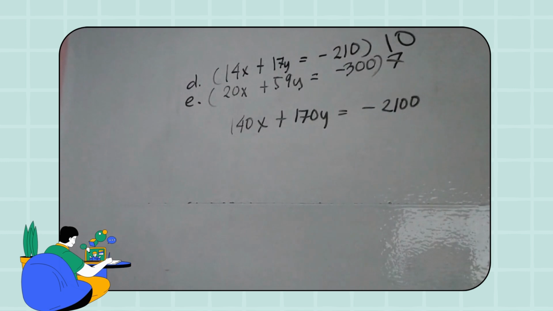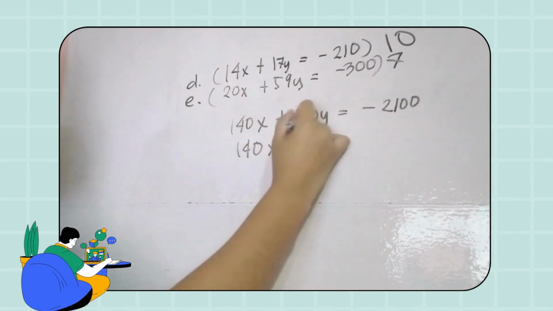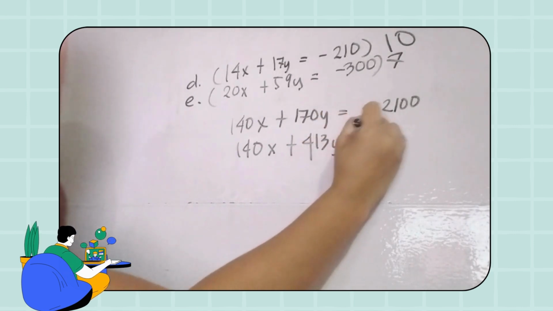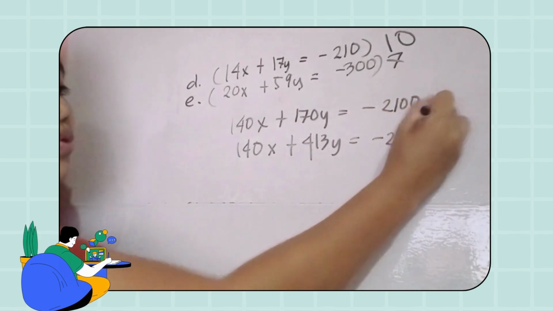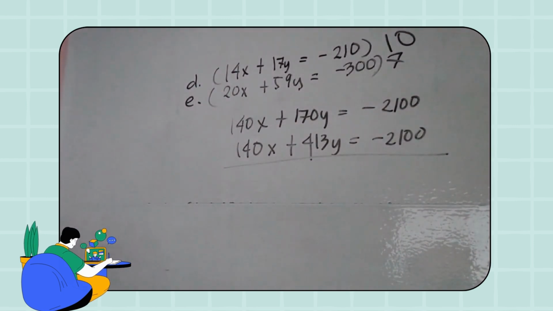And for the equation E, we have 140x plus 413y equals negative 2100. So we could subtract these equations through elimination.